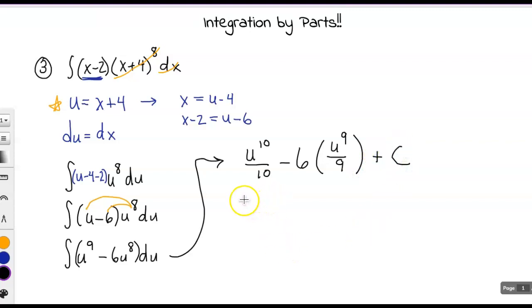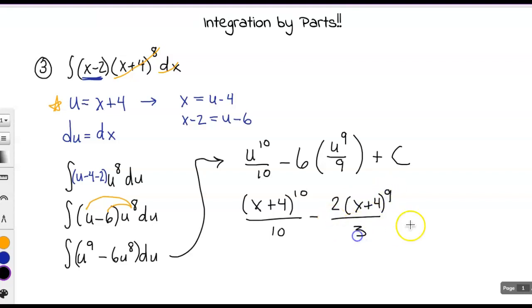Then if I back substitute, I get x plus 4 to the 10th over 10 minus, this simplifies to 2/3, so 2 times x plus 4 to the 9th over 3 plus c.